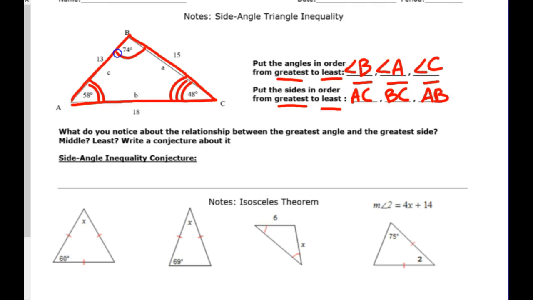Okay, so the question we have here, what do you notice about the relationship between the greatest angle and the greatest side? Okay, so our greatest angle is angle B right here. Where is angle B in relationship to side AC? What do you notice? Let's think about it also for angle A and BC. We got angle A right here, and then side BC right here. What's the relationship?